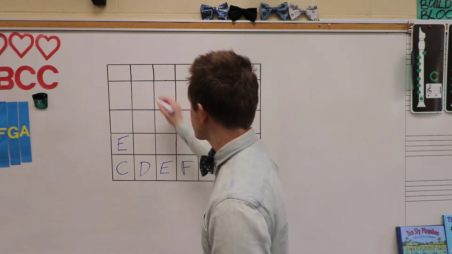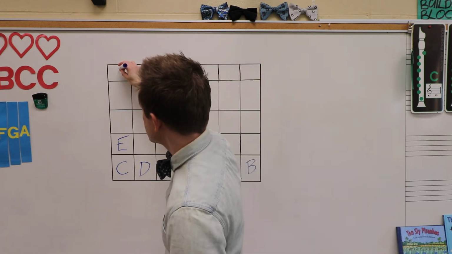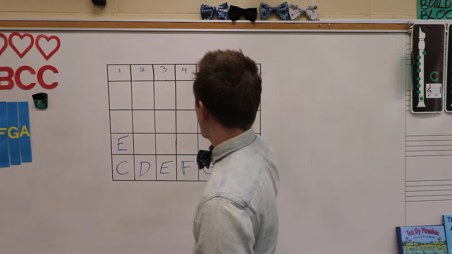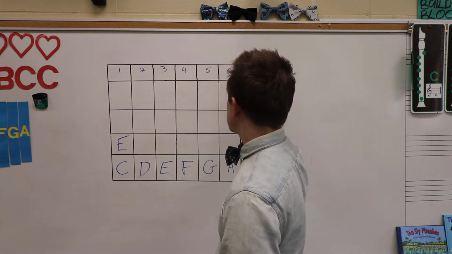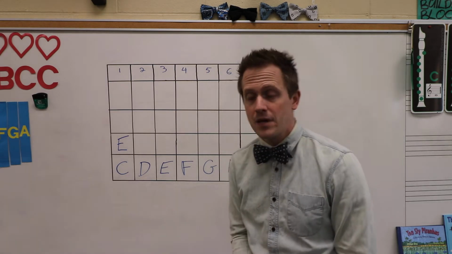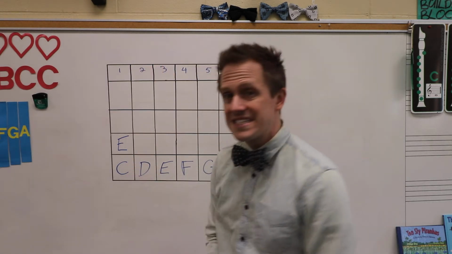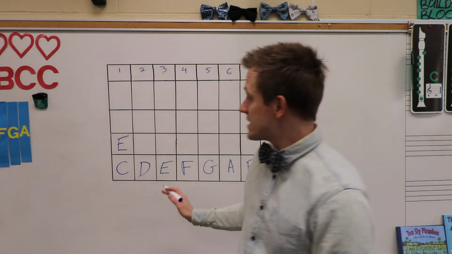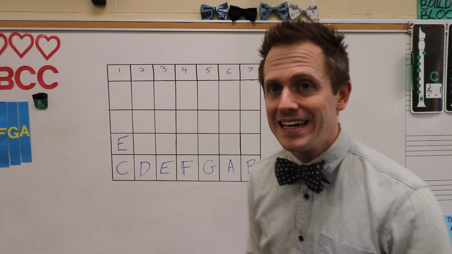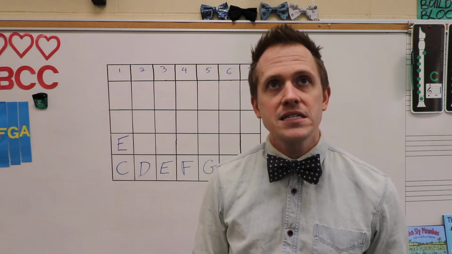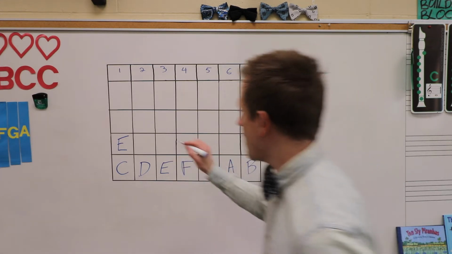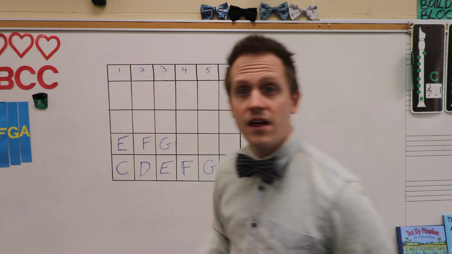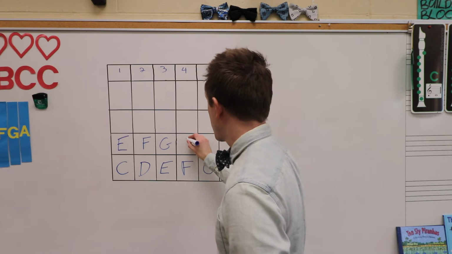So for example, if we call this number 1, 2, 3, 4, 5, 6, and 7, our first note, C, our 3rd note would be E. So let's start the musical alphabet on E. A, B, C, D, E, F, G. And then go over again.